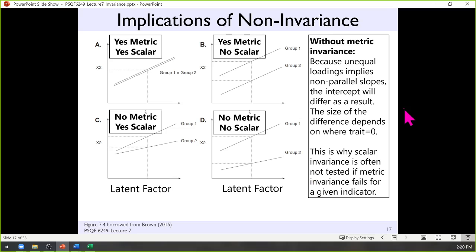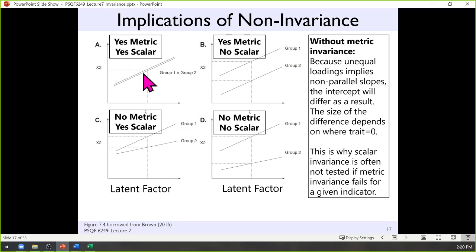These figures show every combination of metric or scalar invariance holding or not holding. The x-axis on these figures is the latent trait, or theta, factor score, whatever you want to call it today. The y-axis is the item response. The slope of these lines conveys the size of the factor loading.